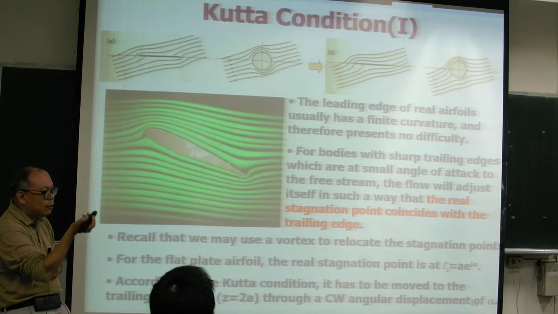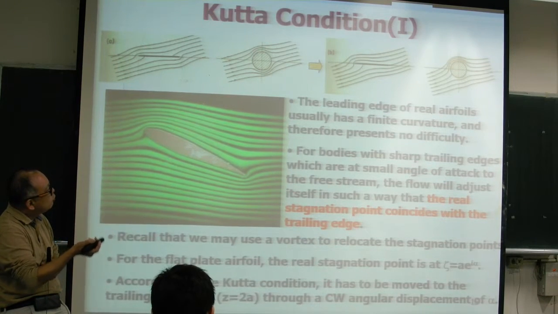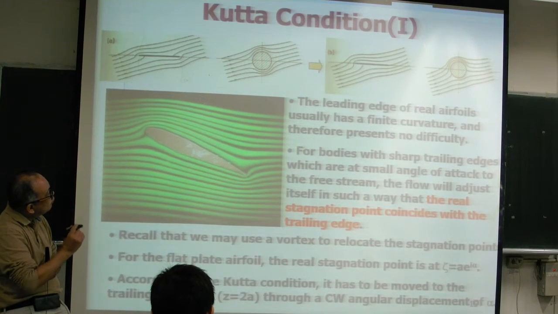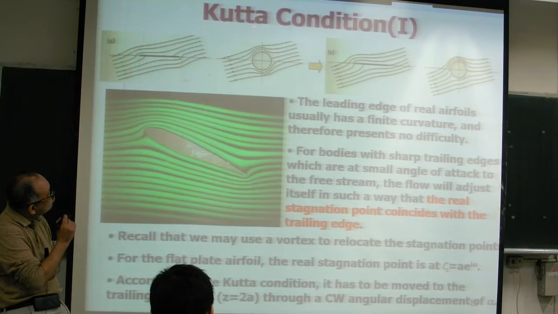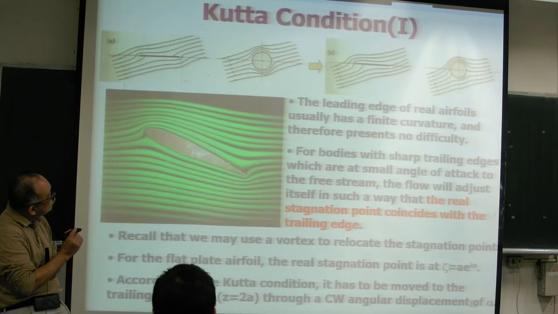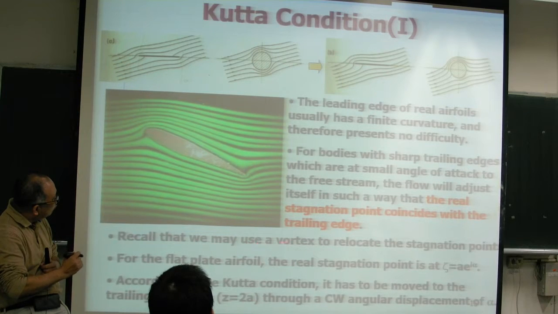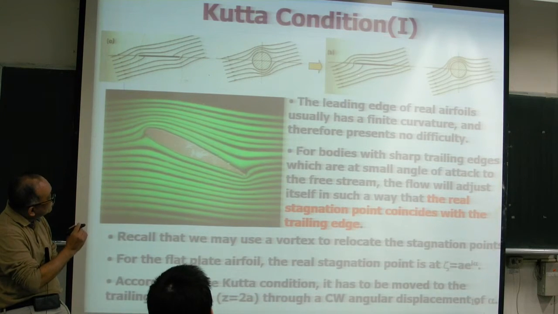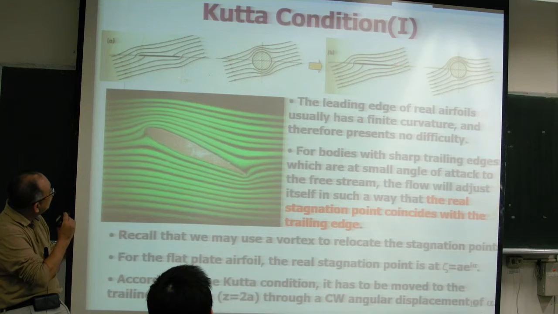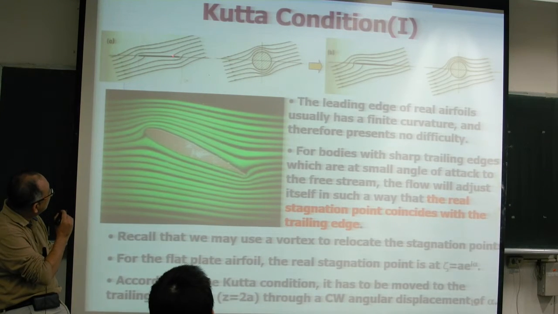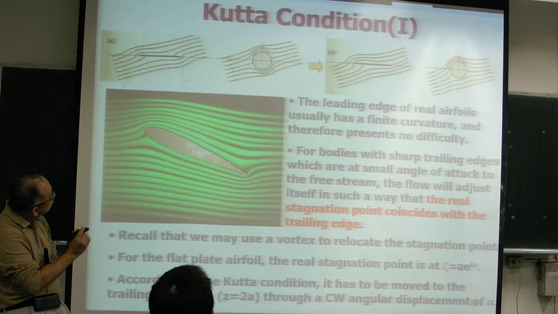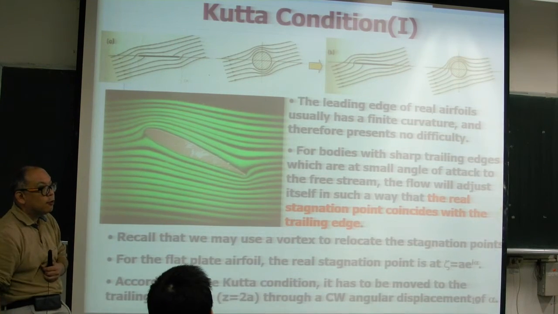In reality, we have to apply the Kutta condition, and this Kutta condition allows us to apply a circulation on this flow field. Once I apply circulation on this flow field, our separation point will move from this point to this point, and that will fulfill our condition.